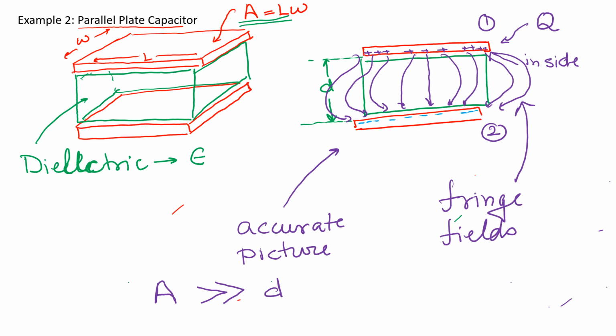The ratio between A and d would typically be of the order of 10 or so. We are going to work under this approximation. The results we have would violate some physical laws, but it would give us an approximate answer to what the capacitance would be for a parallel plate.